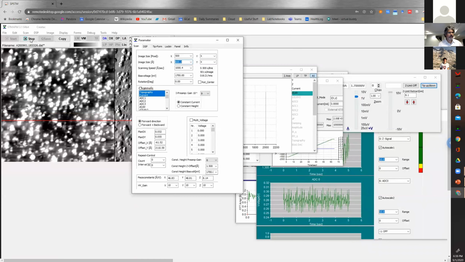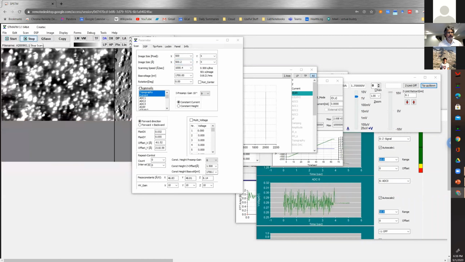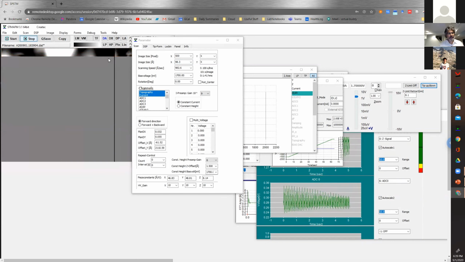Let me go ahead and stop that and zoom in a lot more. So instead of 50 nanometers, let's go to 10 nanometers. So 100 angstroms. Okay, so now we can kind of see these individual atoms much more clearly. And in fact, just to make things a little simpler, I'm going to assign the bias voltage.